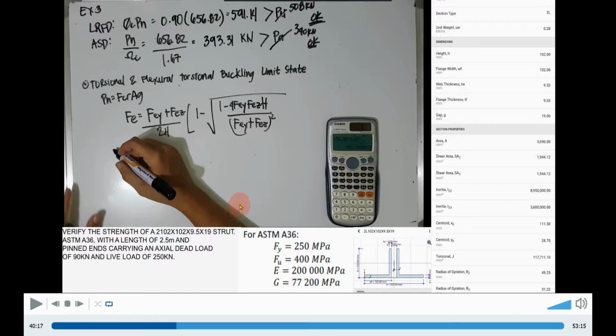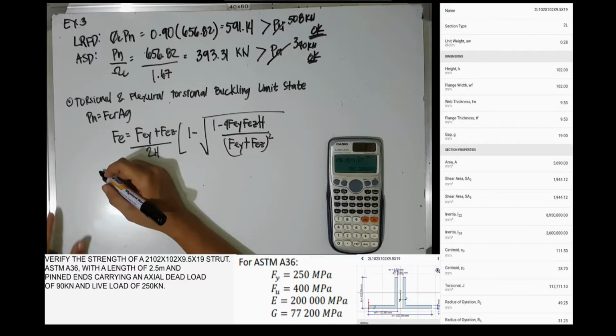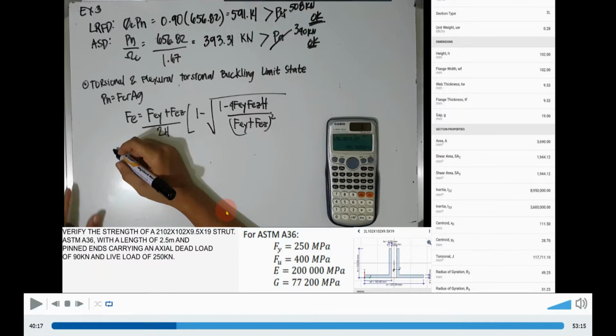So in order to determine the value of the flexural constant H, we will convert the section into the English system. So our section is a double leg, 102 by 102 by 9.5 by 19.